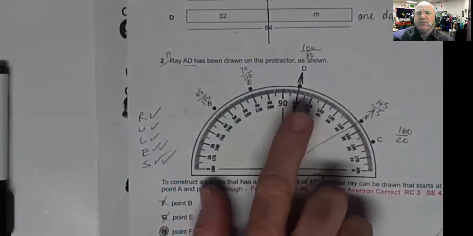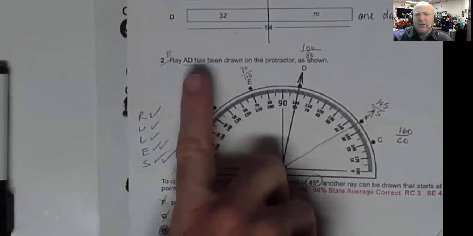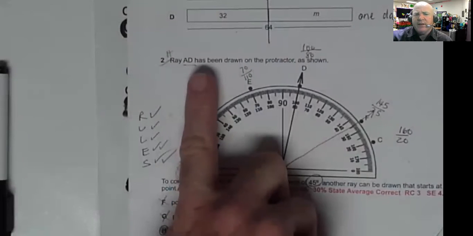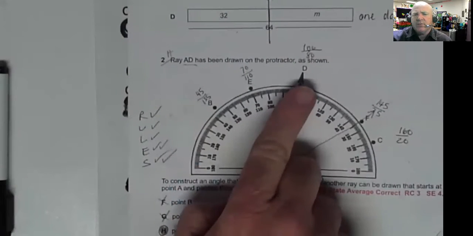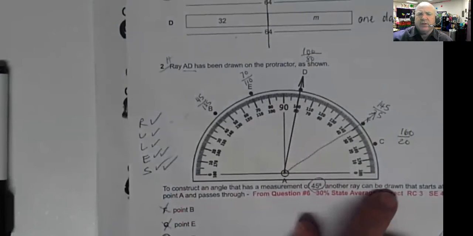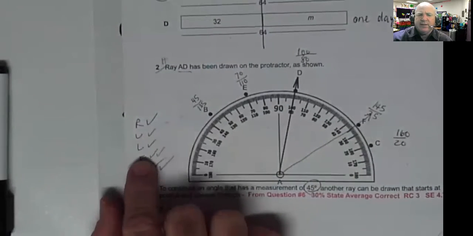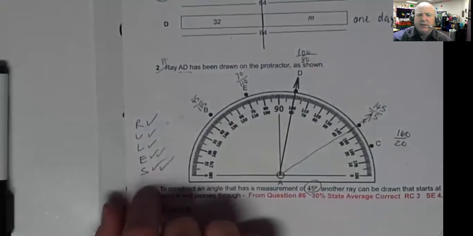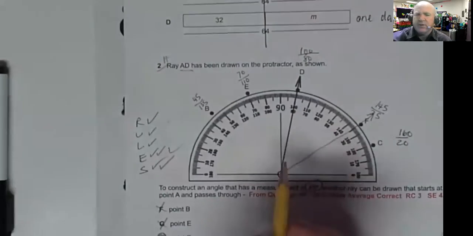So whenever you're seeing a ray going through a different starting point, remember that what you're looking for is still the correct measurement, but just not starting at 0 or 180 degrees. And so what I've done is I've read, underlined, labeled, and I only have 2 checks there for E for eliminate. We're going to be eliminating 3.